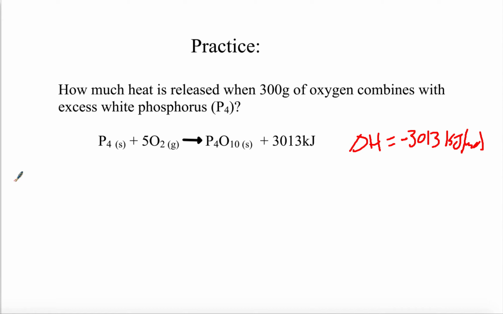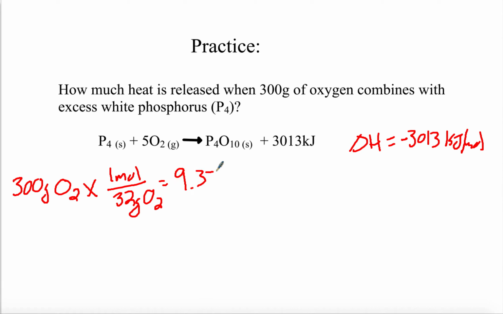If we have 300 grams of oxygen, we need to figure out how many moles this is. So times 1 mole over 32 grams, the molar mass of oxygen. Well, that's 9.375 moles of oxygen.